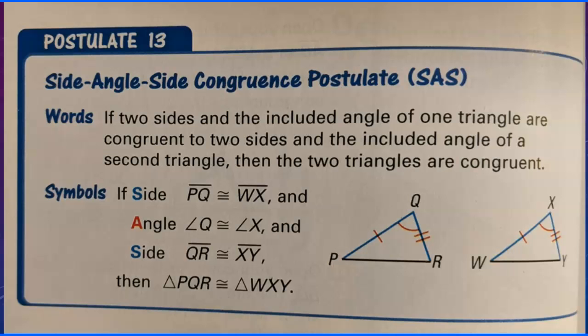All right, let's look at the next one, postulate 13. You may call this one SAS on a test. You do not have to write side angle side congruence postulate. You may if you want, but SAS is sufficient.